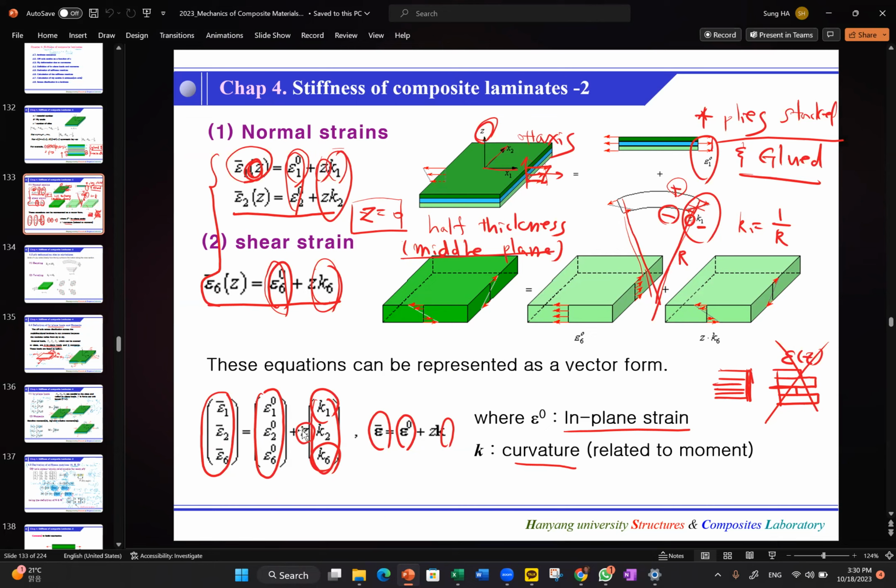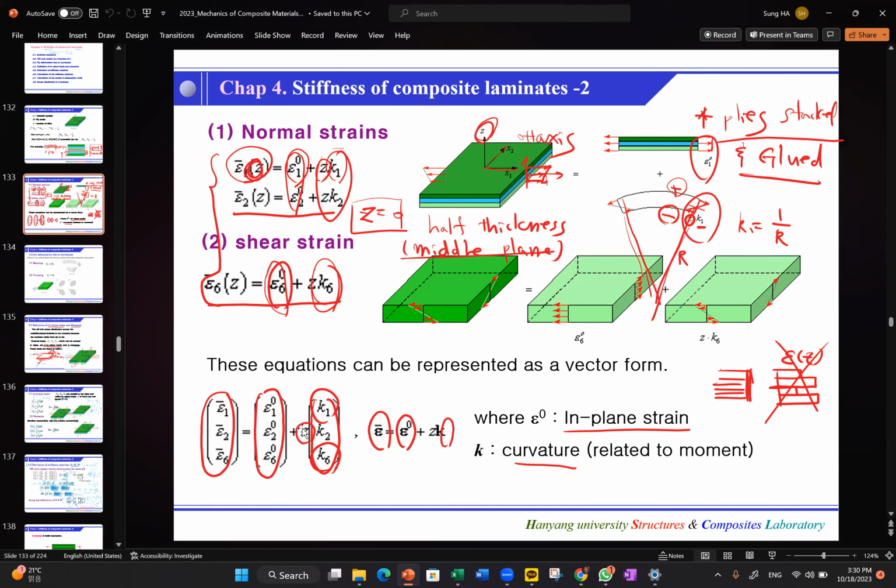Notice that there is a z multiplying each strain component. And in here, K1, K2, and K6 represent the bending and twisting.